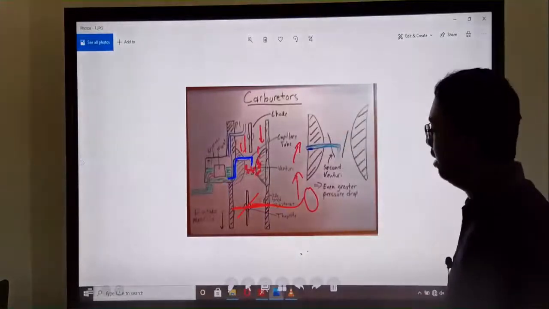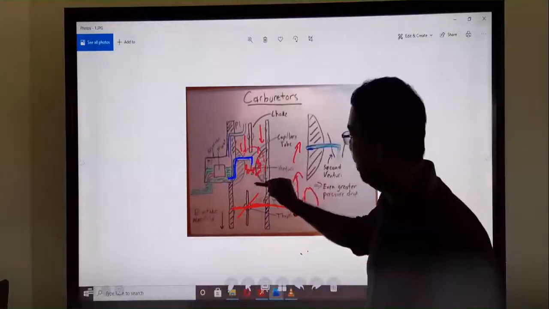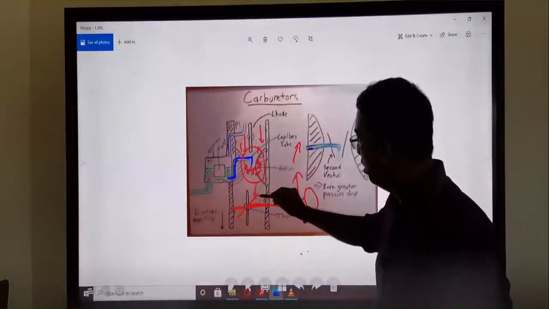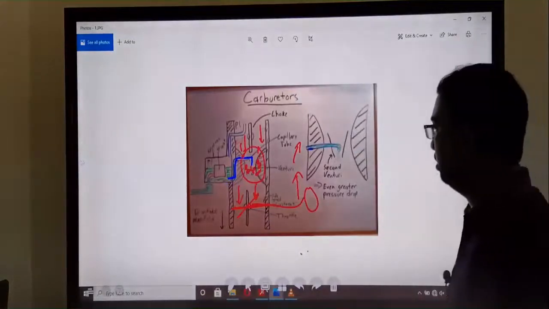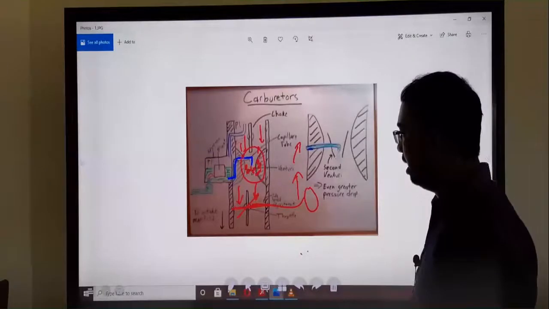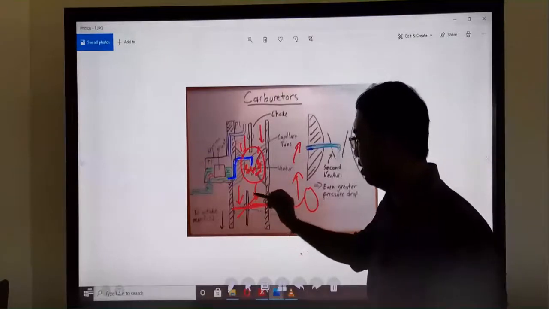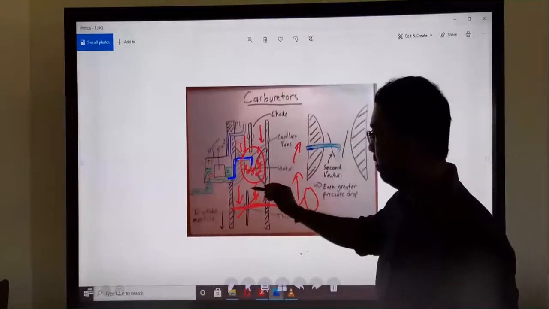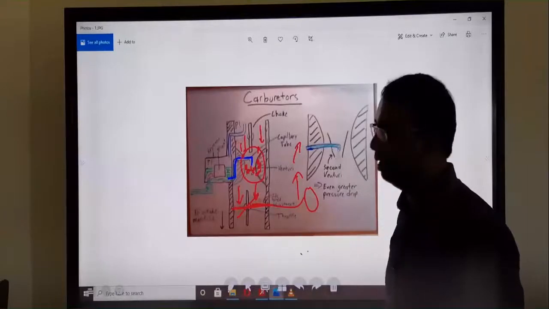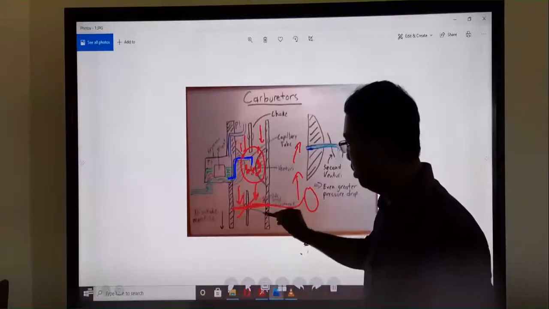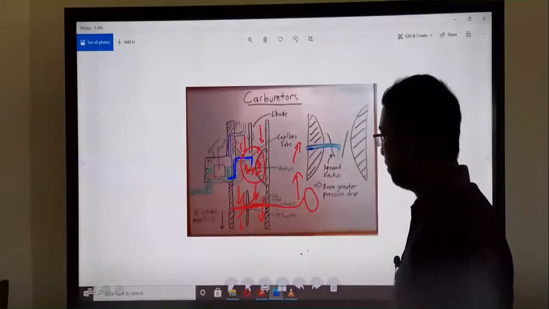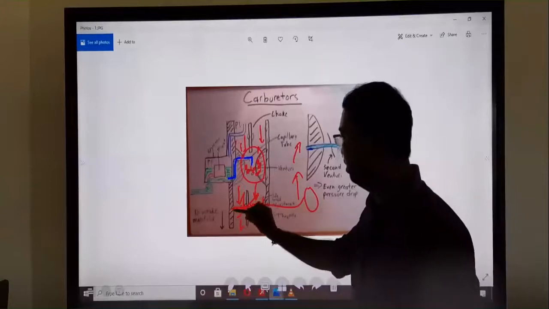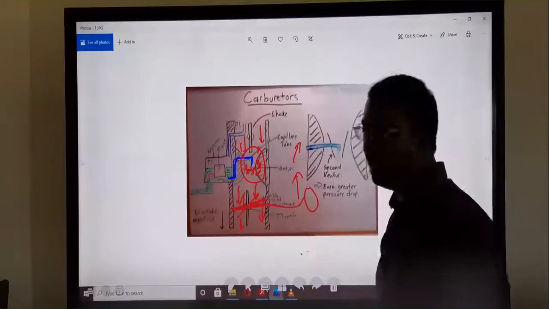Then this air-fuel mixture comes through the throttle valve. According to the speed, at high speed the throttle valve is fully open, so the mixture goes through like this. When the vehicle starts, normally the throttle valve is closed in the idle condition.